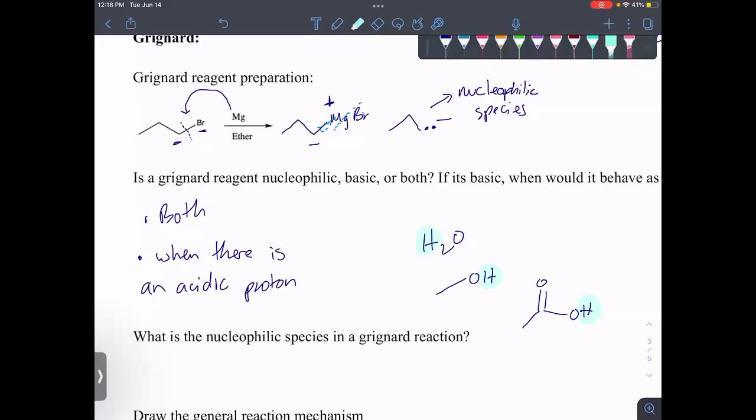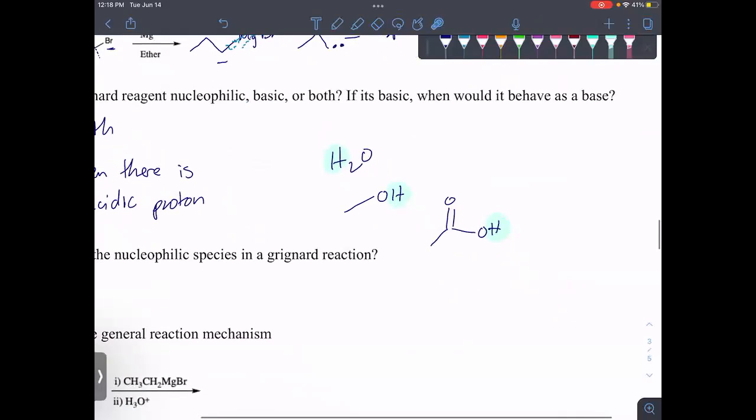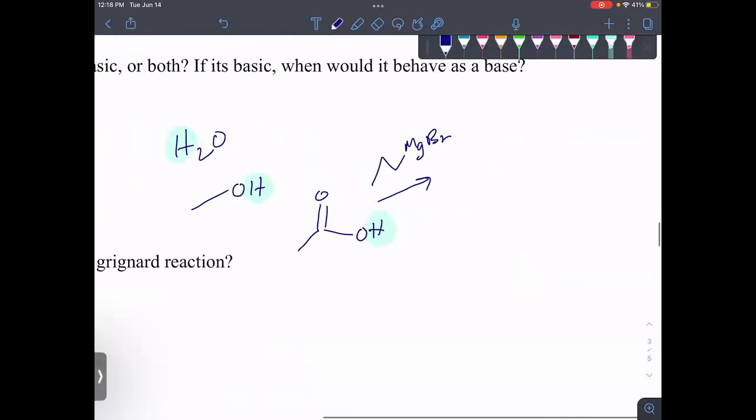It's just going to make a salt with these, and it's not going to attack the carbonyl. If we had a carboxylic acid and then we gave it that Grignard, that propyl MgBr, we can cut off the MgBr, get the anion. It's not going to go in and attack the carbonyl like we would expect.